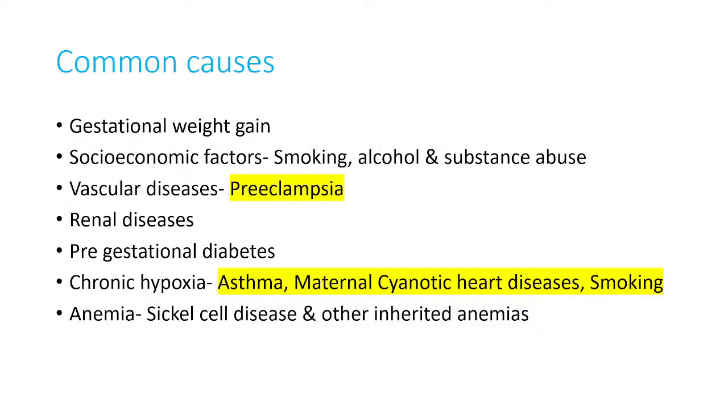Certain anemias, not all anemia, will cause FGR. Certain anemias like sickle cell disease and other inherited anemias can cause FGR. Sickle cell disease, what does it cause? The blood inside the vessels sickles, it forms sickle-like forms, so it blocks the small capillaries. That is why the blood supply decreases. So, certain anemias will cause FGR.